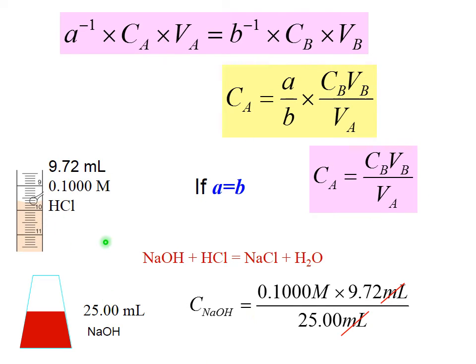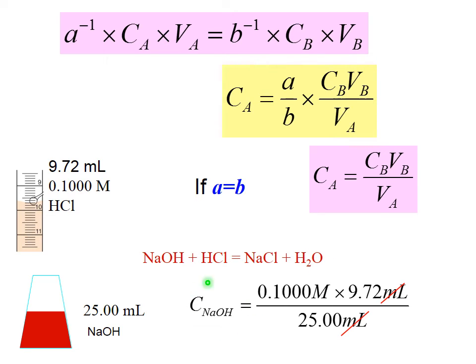Let's look at an example. I am titrating sodium hydroxide of known volume, 25 mL. I delivered it with my pipette, and I titrate it with HCl, hydrochloric acid, to make sodium chloride and water.